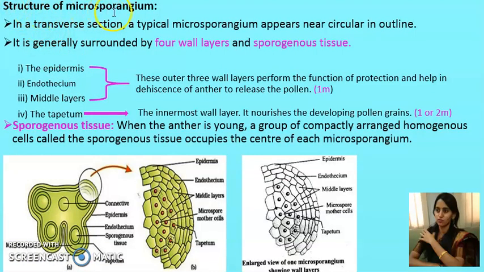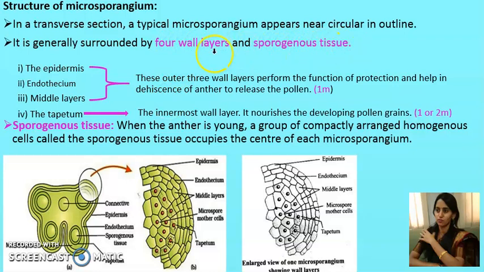The structure of microsporangium, or the TS of anther. In a transverse section, the typical microsporangium appears circular in outline, and generally it is surrounded by four wall layers and a sporogenous tissue.